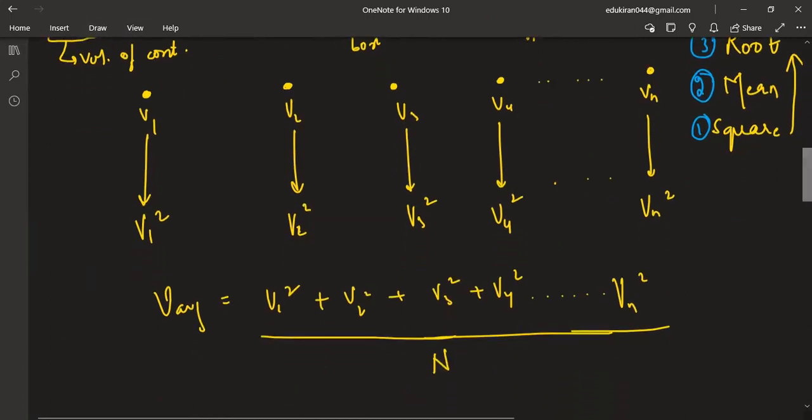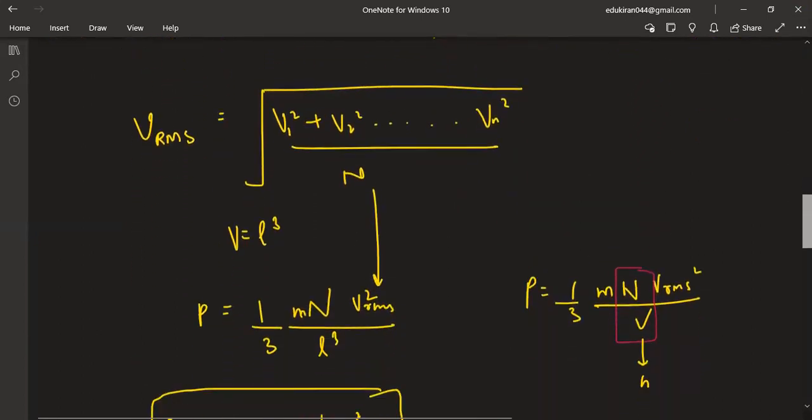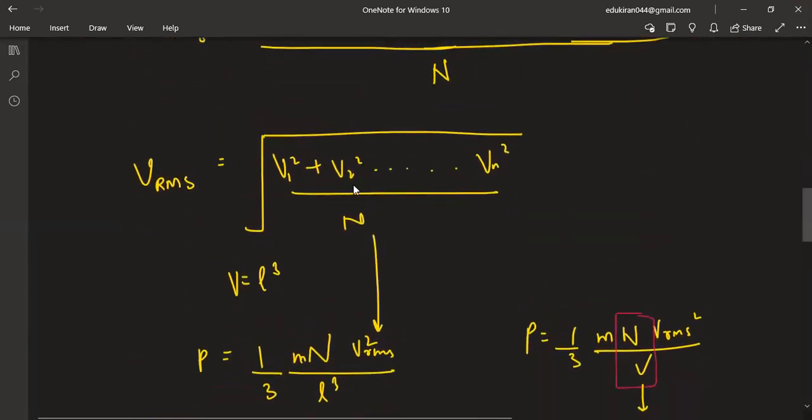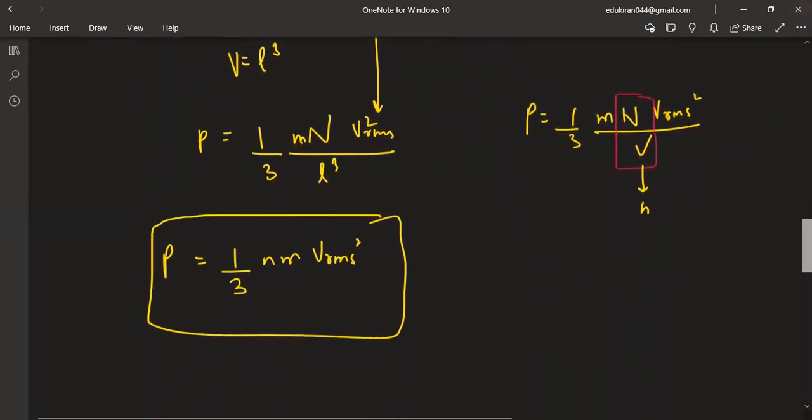You add all these and divide by the total number of molecules, capital N. Now you just put it under a root, so this becomes the RMS. So square first, then mean, then root. This is what is known as root mean square. This is the velocity which you have to remember.